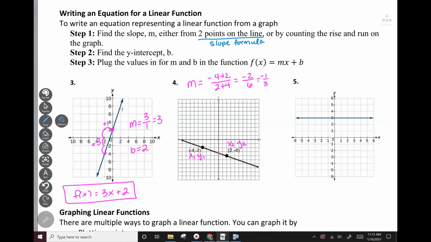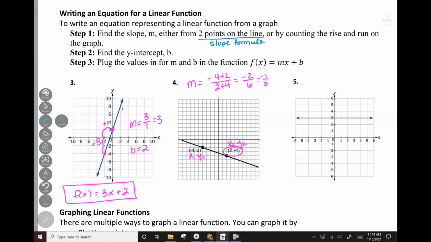Now on this one, I cannot tell exactly what my y-intercept is because it's not exactly on a point there. So let's plug one of those points into y equals mx plus b along with our slope. So here's how that would look. I'm just going to choose this point. It doesn't matter which point you use.